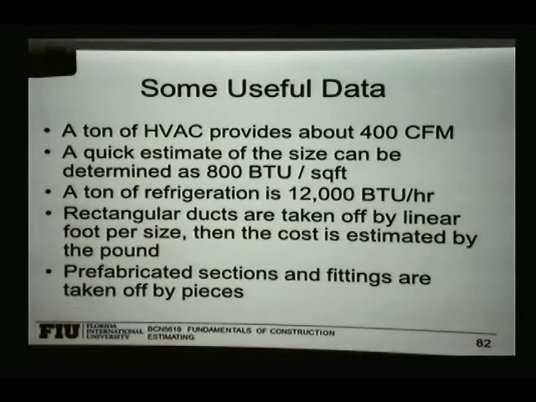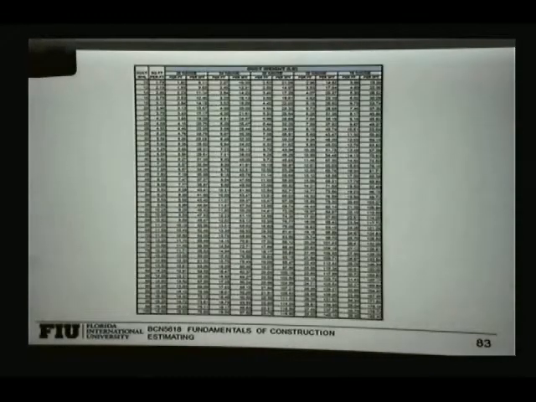This is what I said before. Rectangular ducts are taken off by linear foot per size, and then that cost is estimated by pound. You take the surface area, multiply by the weight per square feet, and then you get the weight. Prefabricated sections are taken by pieces, so it's counted each.